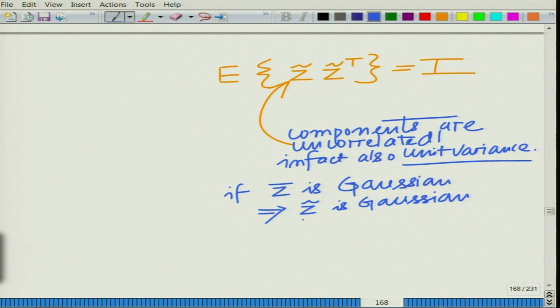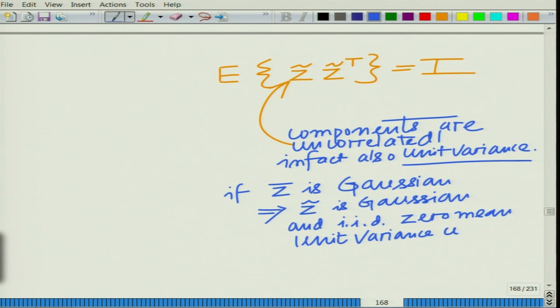So z tilde contains IID zero mean, unit variance components, because for z tilde the covariance matrix is identity.